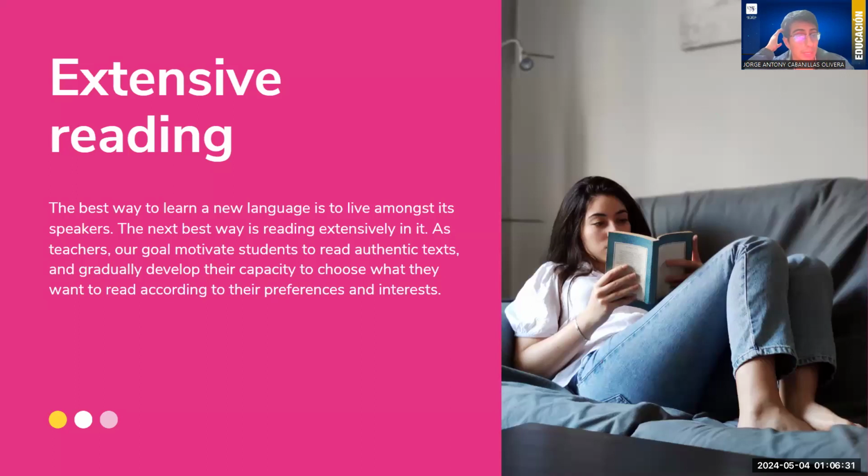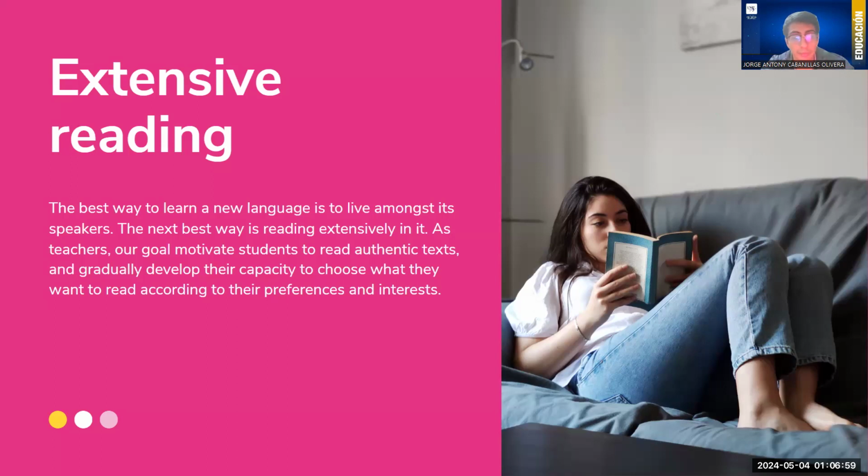Okay, now we have extensive reading, and here's something that is true. It is said that the best way to learn a new language is to live amongst its speakers, but that's not something that is possible for the great majority of English as a foreign language students.